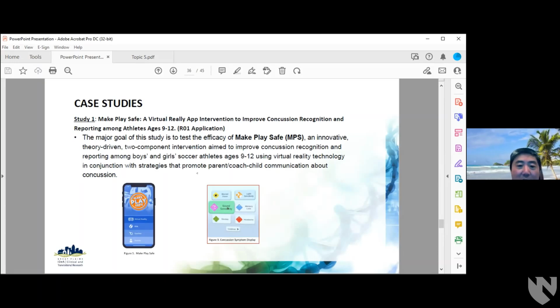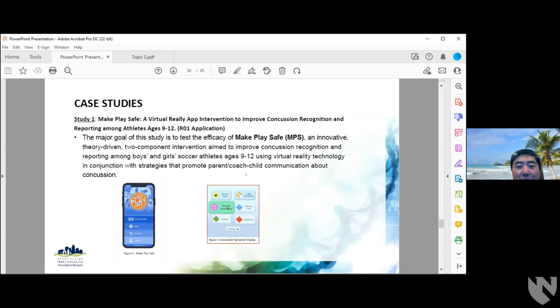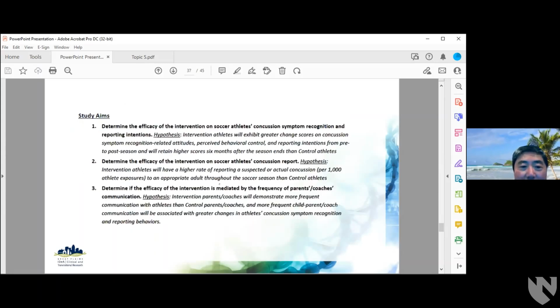So that's the purpose. We're developing this kind of virtual reality thing, putting it in an app. It also records the parents communicating with the kids, kind of training the coach and the parent how to communicate with kids about this, and also the youth athletes.